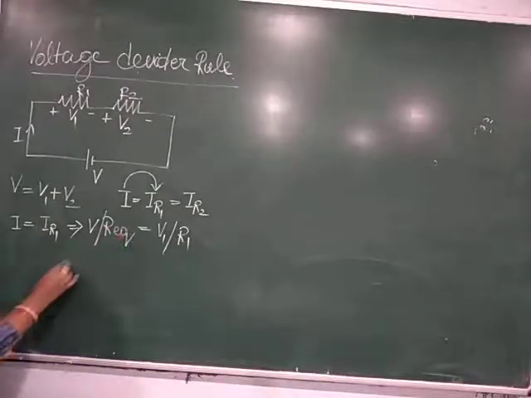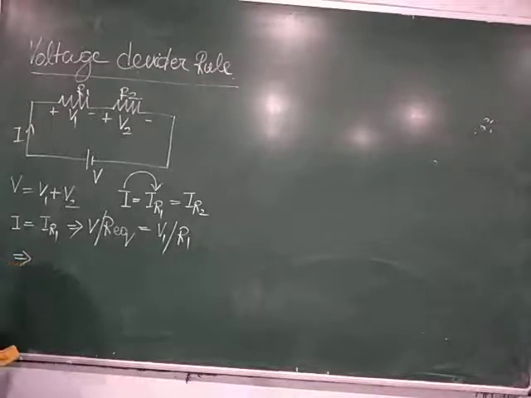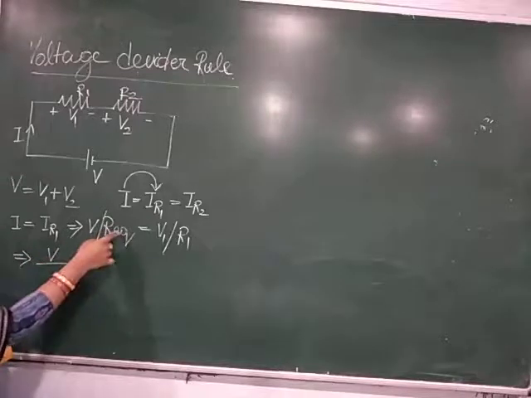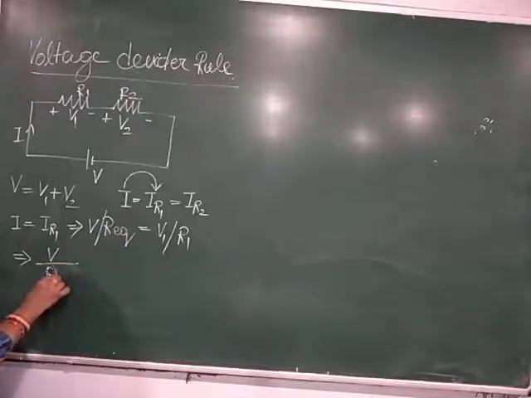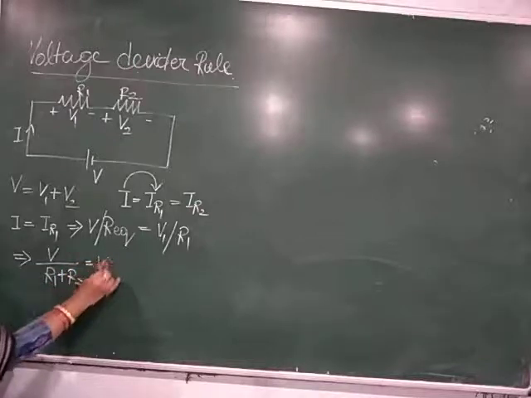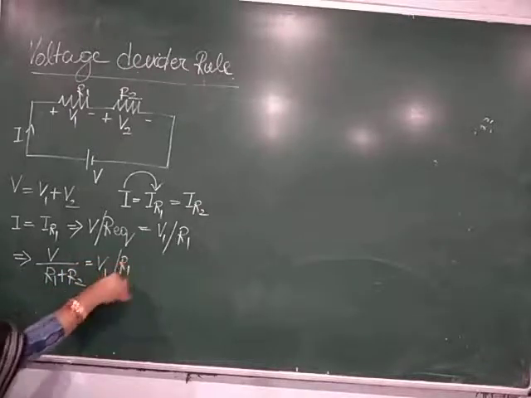What is R equivalent? According to the property of series circuit, resistances are added. You know that in a series circuit, resistances are added. So this R equivalent is R1 plus R2, equal to V1 by R1.